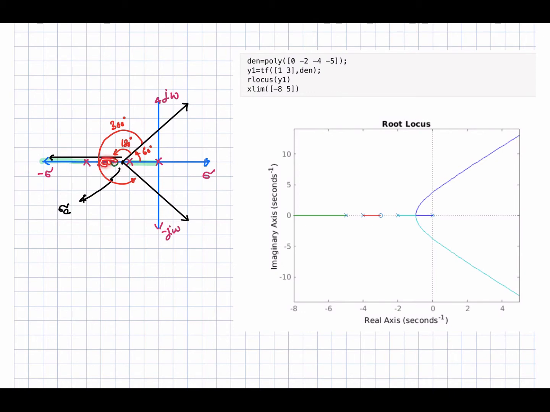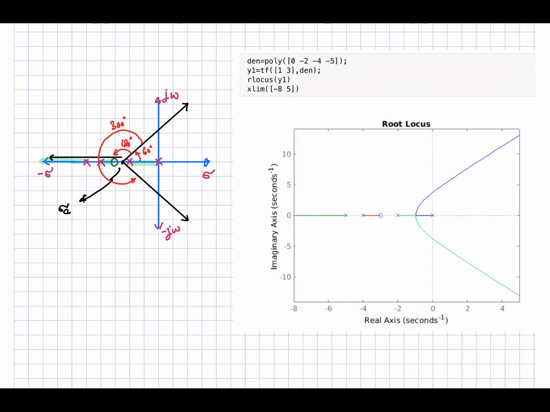Now if I take this portion of the real axis, over here if I look on the right hand side, 1 zero and 2 poles, the sum is 3, that's an odd number, so it is part of the root locus. And then on this side, if I look at this part, 1 2 3 4 5, it's an odd number, so this is part of the root locus. So this portion, this portion and this portion will be part of the root locus, and this portion will not be part of the root locus.